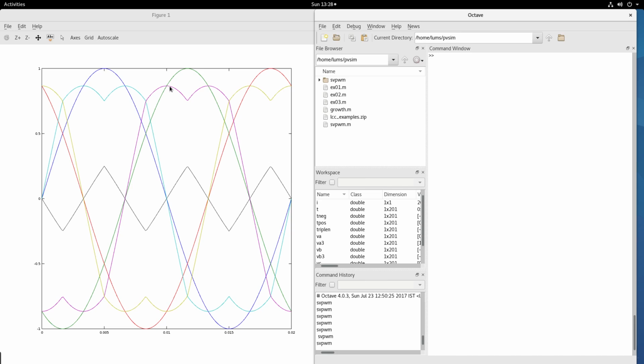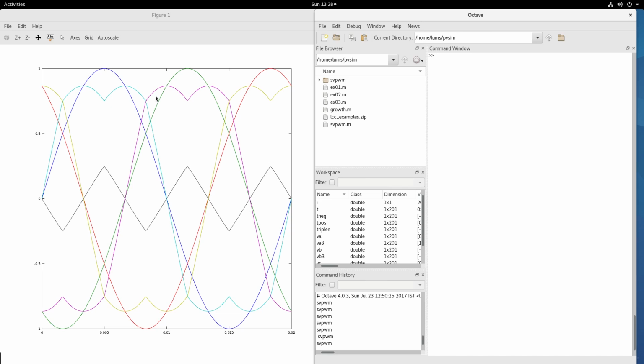Now if this modulating wave shape had reached 100%, the fundamental you would have gained is 14% more; you would have got 114% fundamental. That is the extra mileage you get by injecting triplen into the modulating signal and then doing the PWM. That is why SVPWM, or space vector PWM, has that extra advantage.